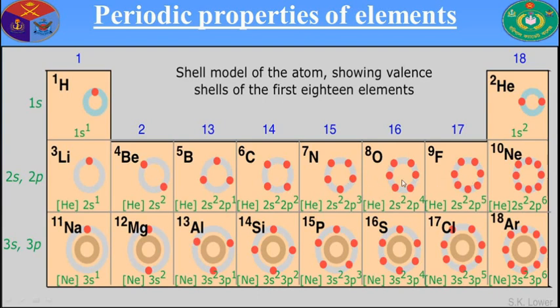So the atomic size decreases more and more when we move from left to right, and the incoming electrons easily enter the outermost energy level. That's why the electron affinity increases more and more when we move from left to right in any period of the periodic table.